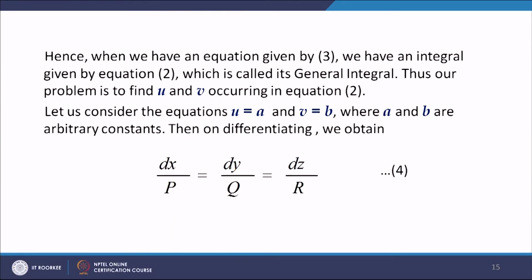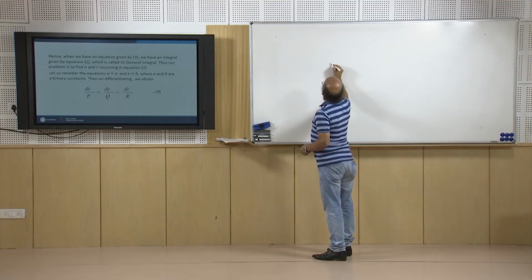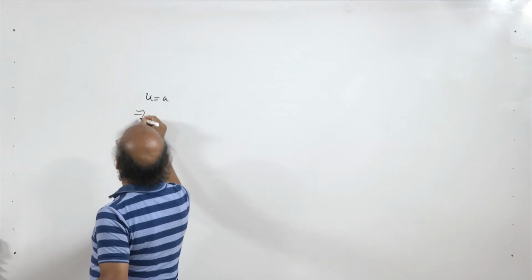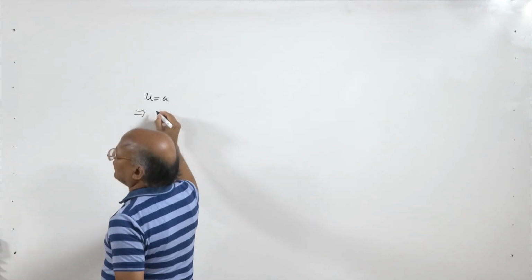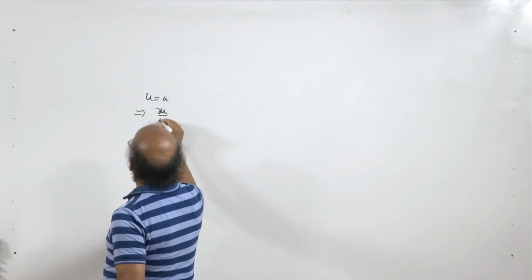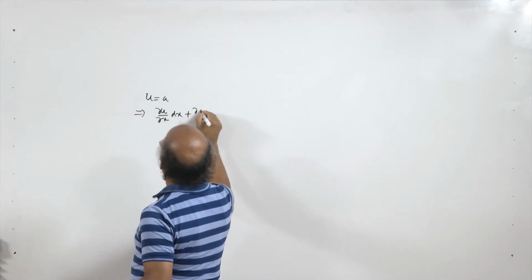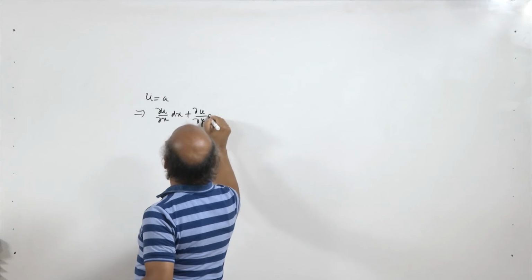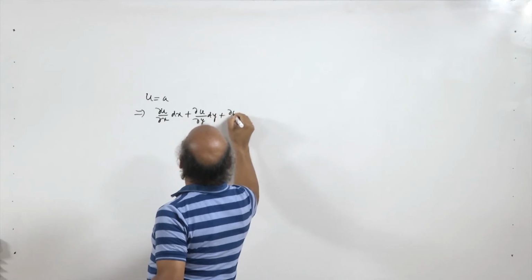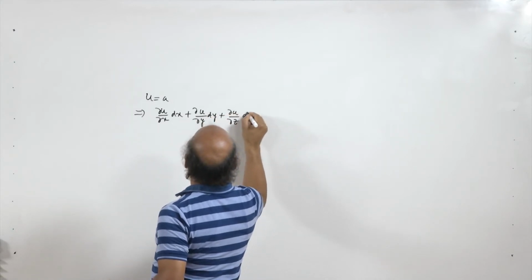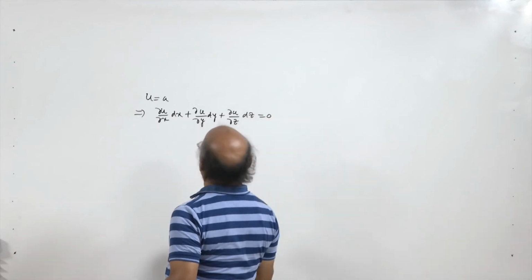So, let us now consider the equations u equal to a and v equal to b, where a and b are arbitrary constants. So, then on differentiating, what do we get? u equal to a gives you delta u by delta x dx plus delta u by delta y dy plus delta u by delta z dz equal to 0, because u is a function of x, y, z and a is a constant.